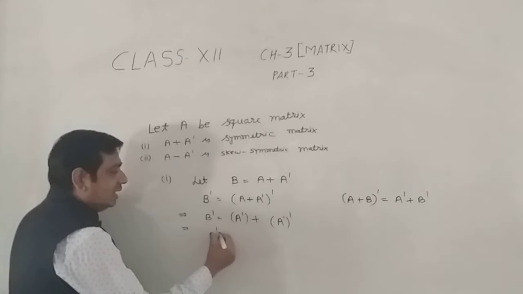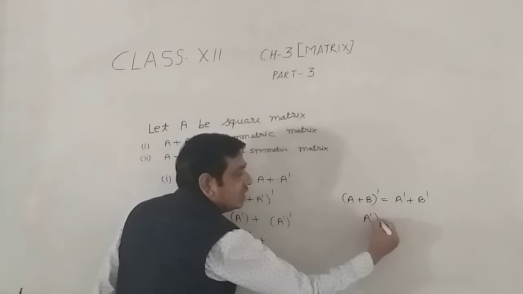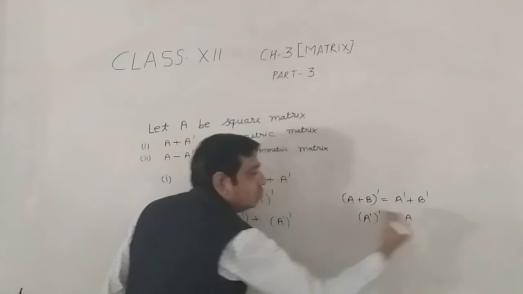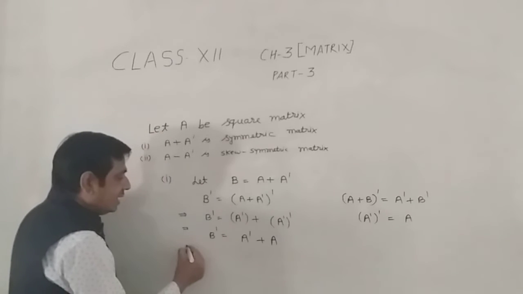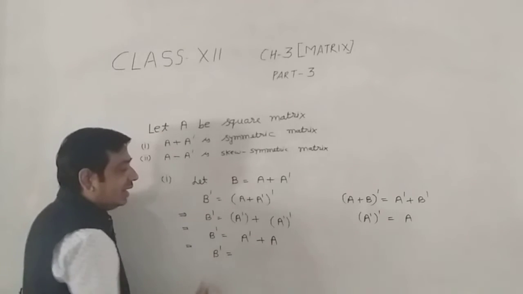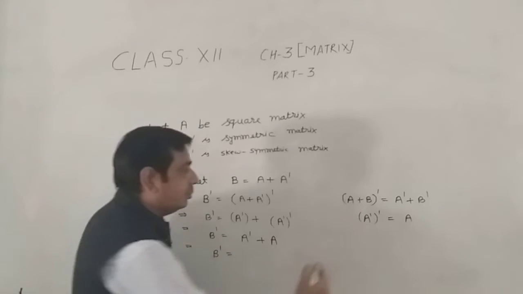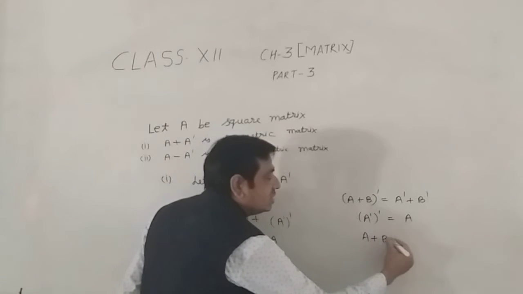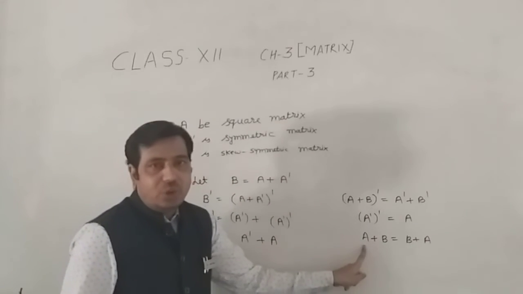It is A dash, and A dash dash is, by the property, again A. So this becomes A dash plus A. And class, as you know, addition of matrices is commutative: A plus B is equal to B plus A. It is the commutative property.